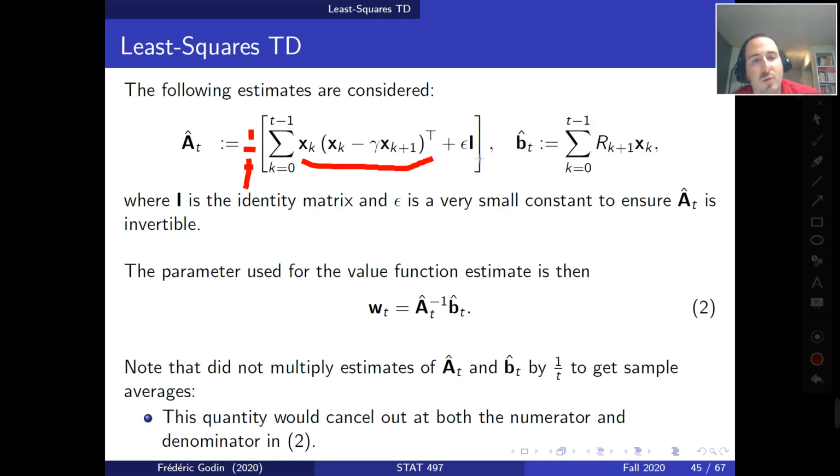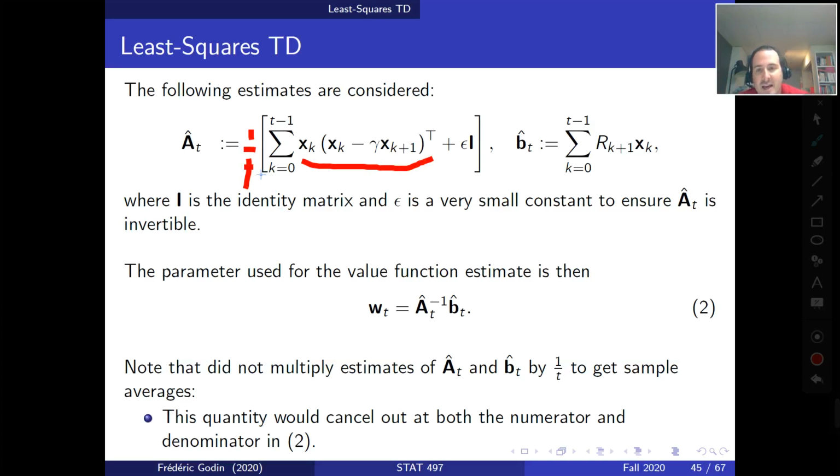Okay, so why do we add this epsilon term here? It's just to ensure that numerically we don't have problems inverting the matrix. Sometimes this matrix can be hard to invert if it's not well behaved numerically, so by adding this term on the diagonal, it makes it easier to invert the matrix.